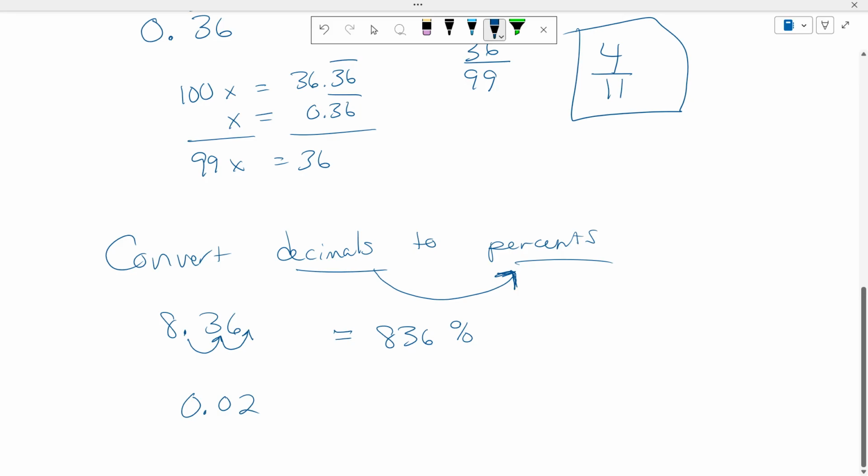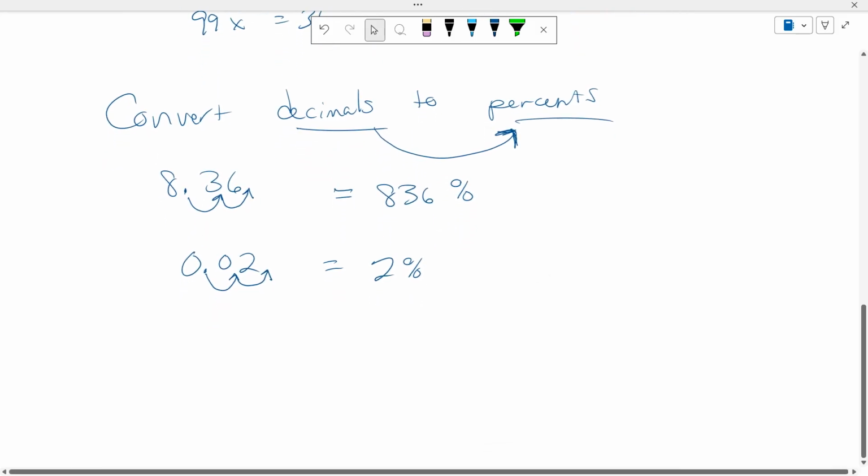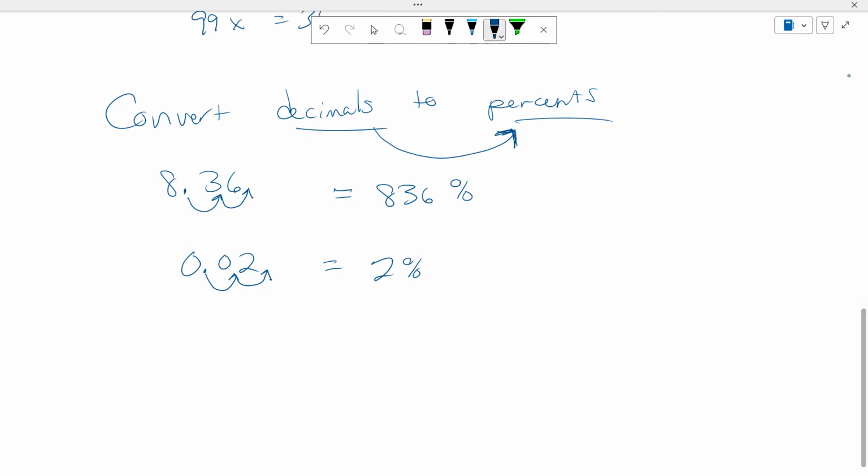So if I wanted to make 0.02 into a percent, I move again, and it's what percent? 2%. How about I have 0.156.